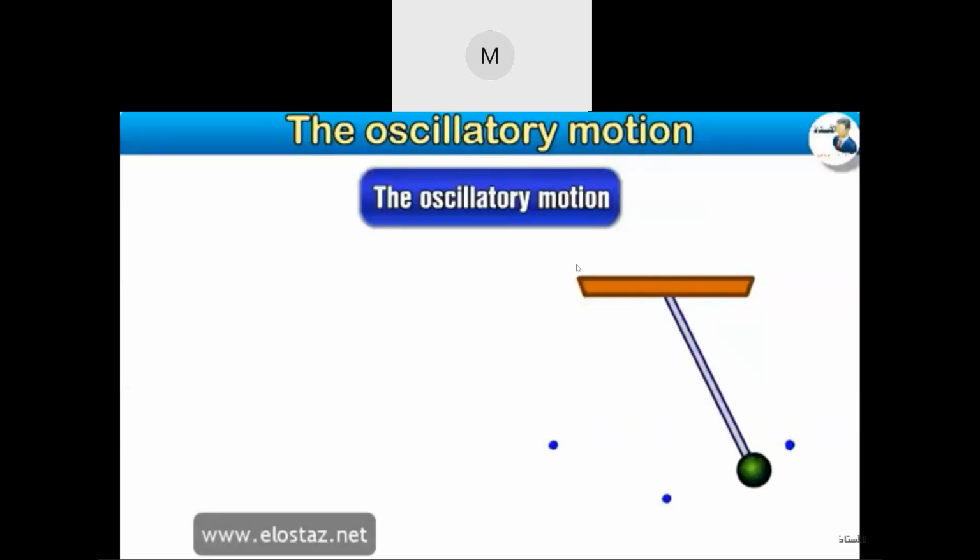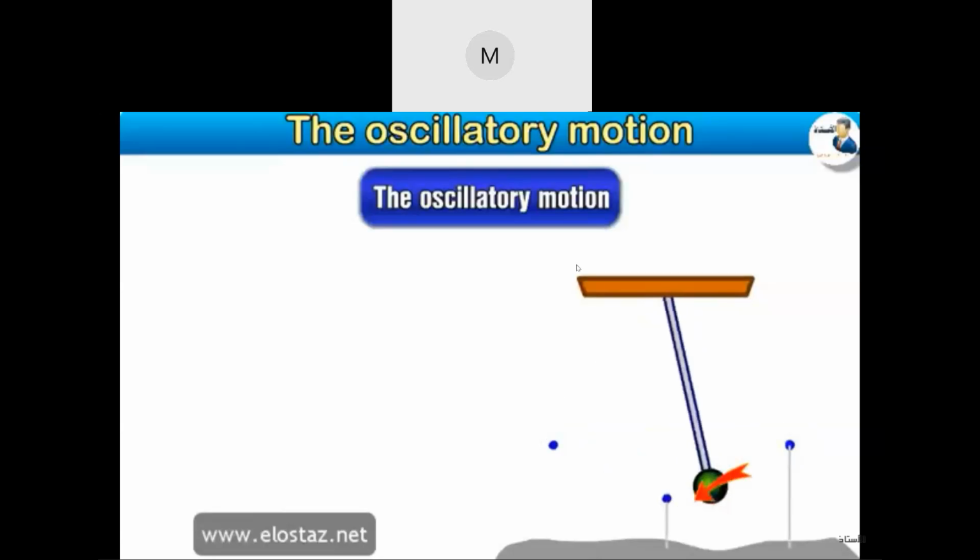So when the pendulum moves against the gravitational force, its velocity decreases. But when it moves towards the gravitational force, its velocity increases. That's why the velocity of the oscillating body decreases as it moves away from its rest position, and increases when it passes its rest position.